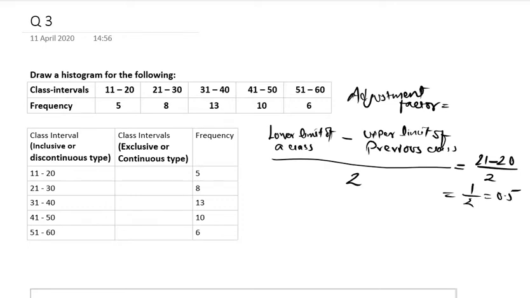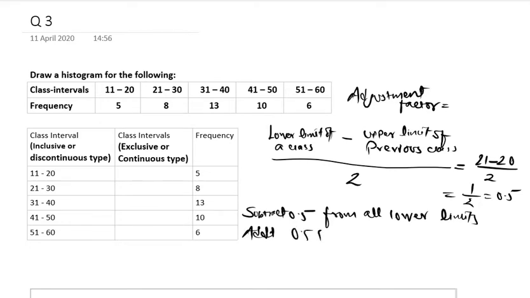So what do I have to do with this 0.5? I have to subtract the adjustment factor, that is 0.5, from all lower limits and add 0.5 to all upper limits, right?